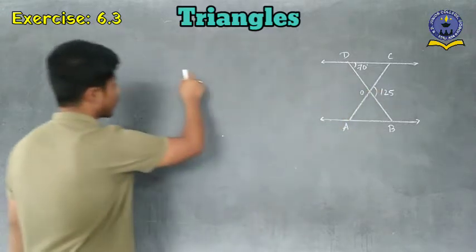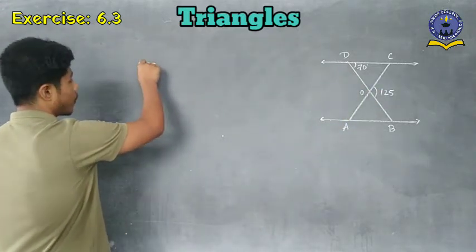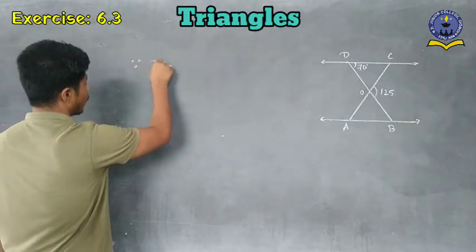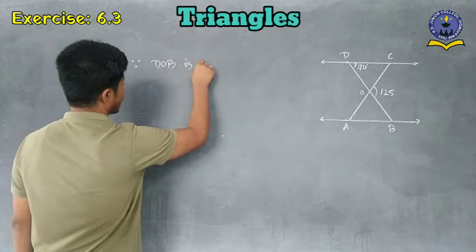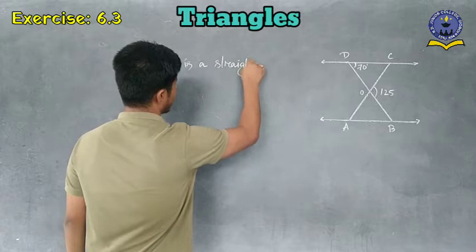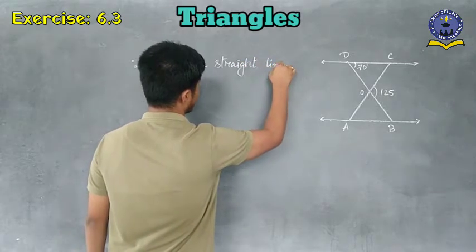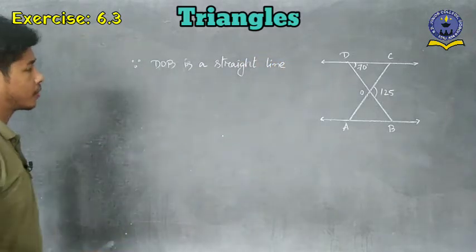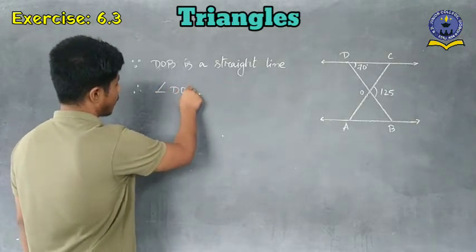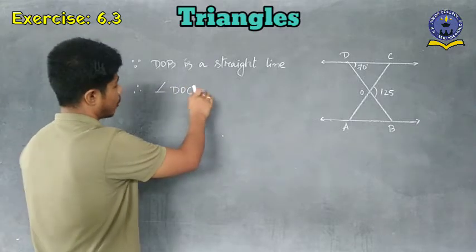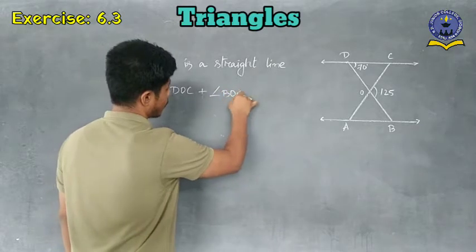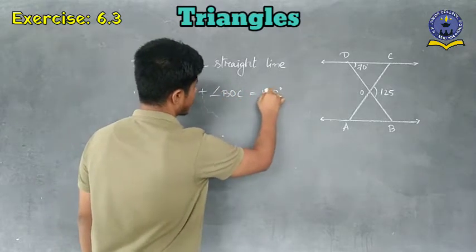So when we start the solution, we write: since DOB is a straight line, therefore we can easily say angle DOC plus angle BOC equals 180 degrees.